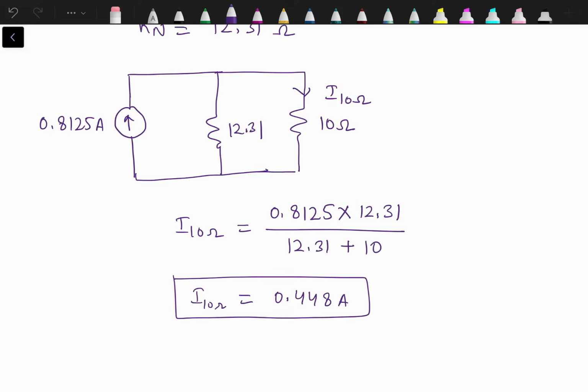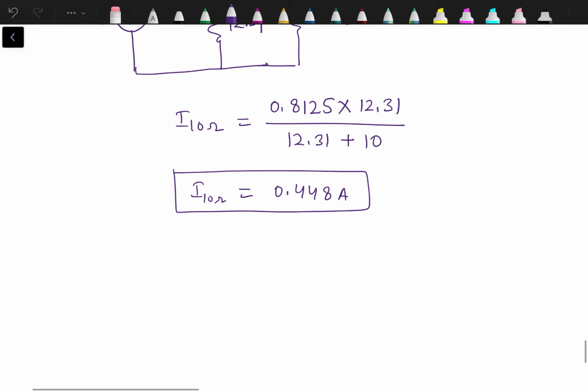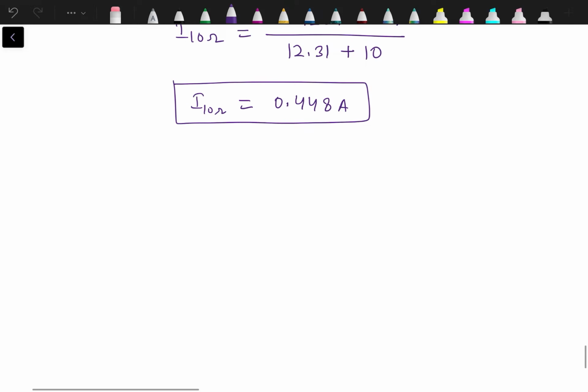Now let's move forward to another problem which will look similar to this.